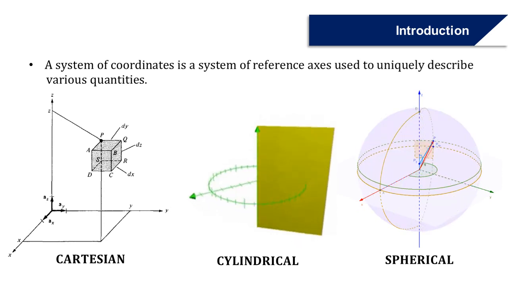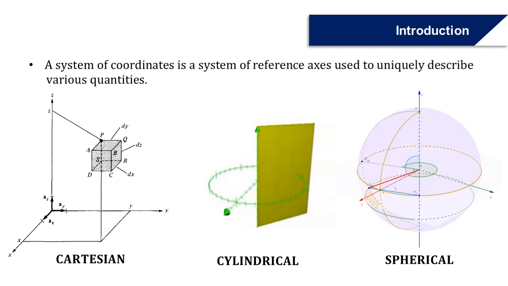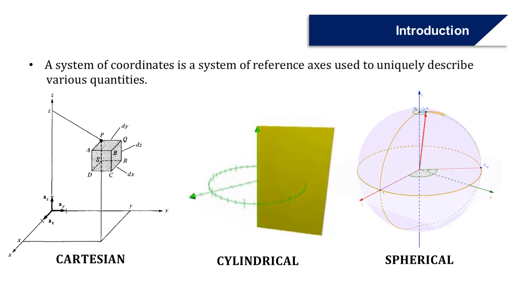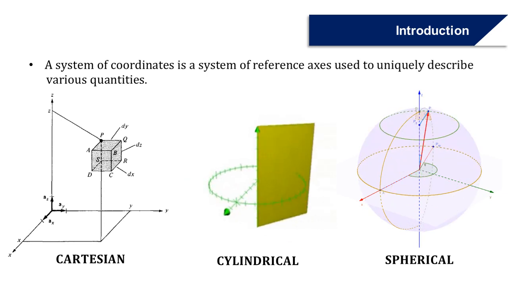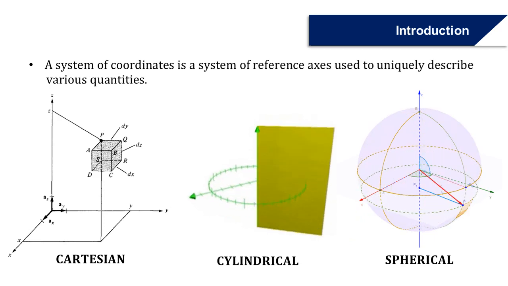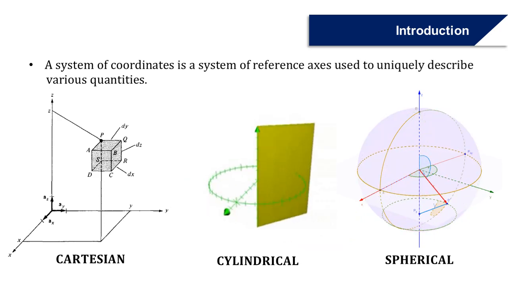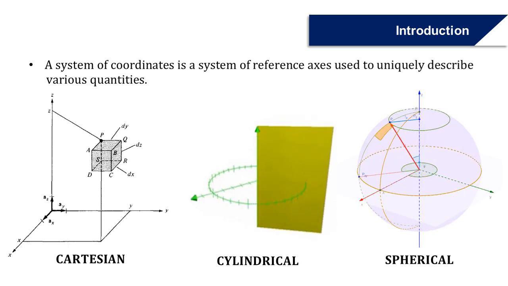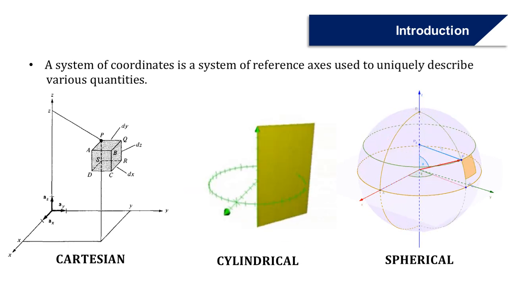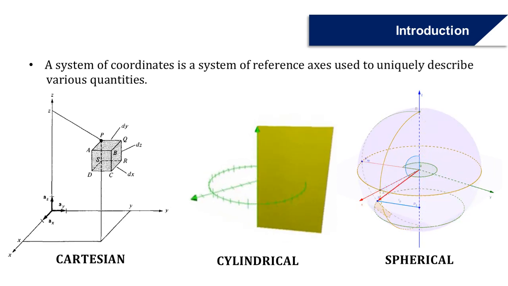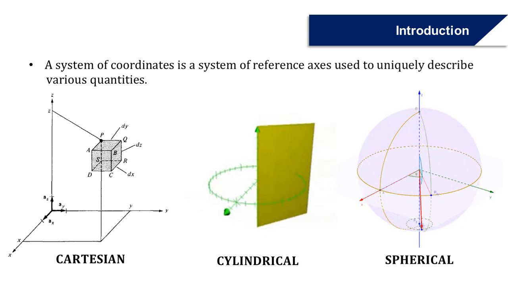For example, gumagamit tayo ng globe to visualize yung longitude and latitude para ma-determine natin yung distances between 2 points sa globe. So, spherical yung ginagamit natin. So, same yun ang principle na ginagamit sa mga GPS. So, spherical coordinate systems yung ginagamit nilang system of coordinates.